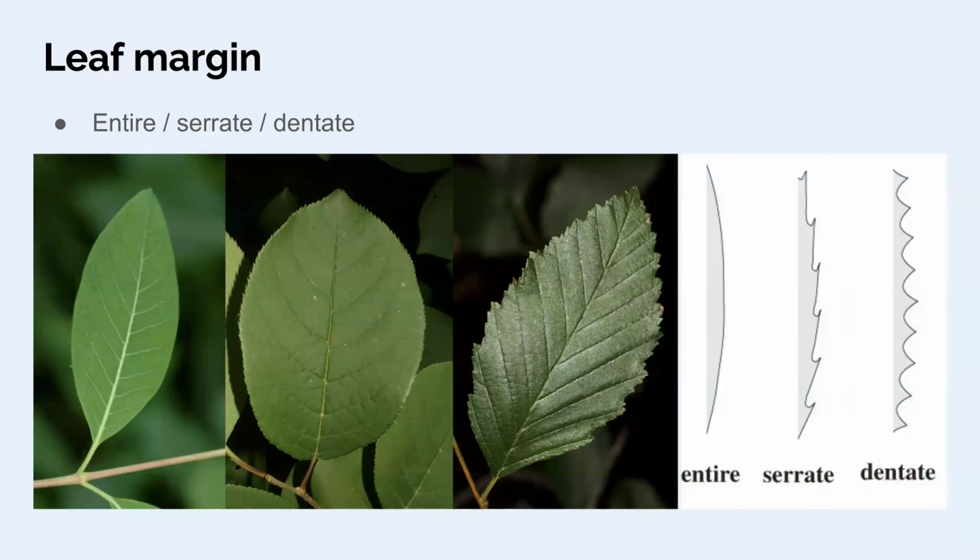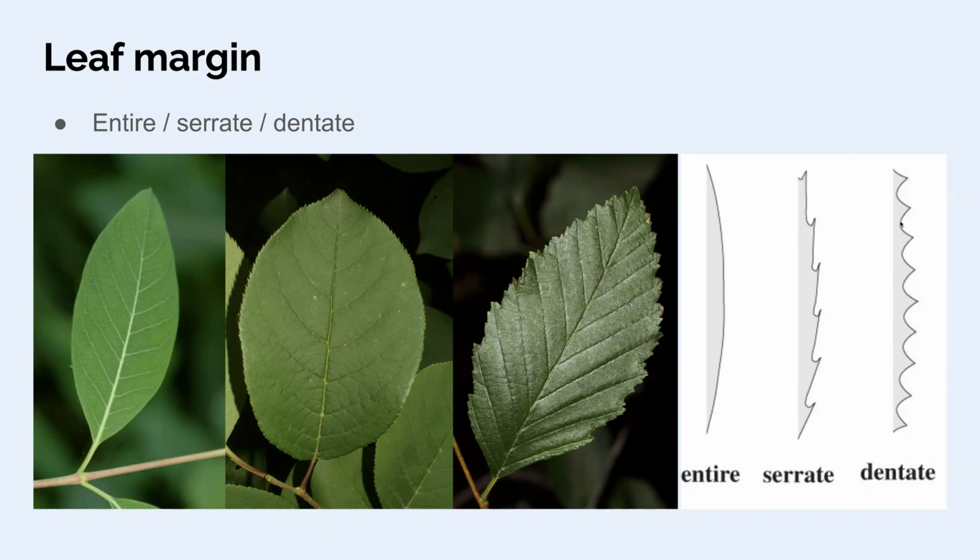Leaf margin can be smooth or toothed, and teeth of different sizes. So finely toothed versus a little more broadly toothed. The terms serrate and dentate are similar. Serrate refers to teeth that are angled off to the side, and dentate teeth go straight out, kind of perpendicular from the margin.